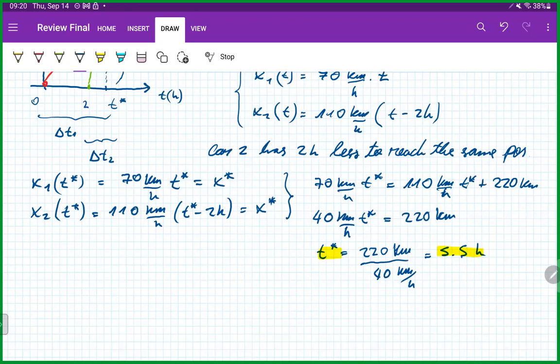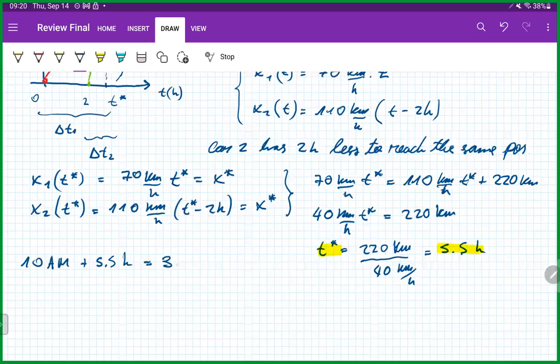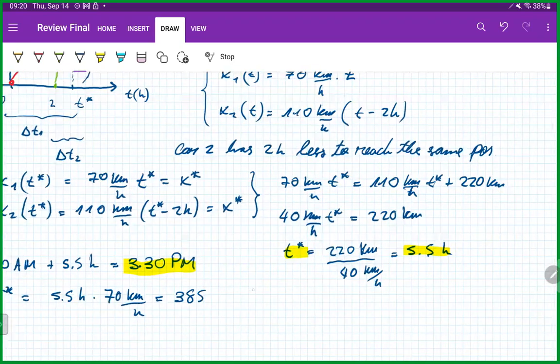In terms of time, we are starting this whole thing at 10 a.m., and let's say we add 5.5 hours. So this is going to happen at 3:30 p.m. That's the time of encounter. Then for the position in which they encounter, we just need to do 5.5 hours times 70 kilometers per hour, which will be 385 kilometers.